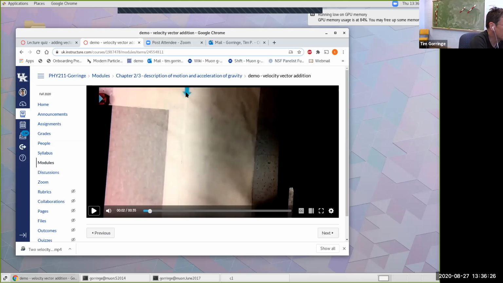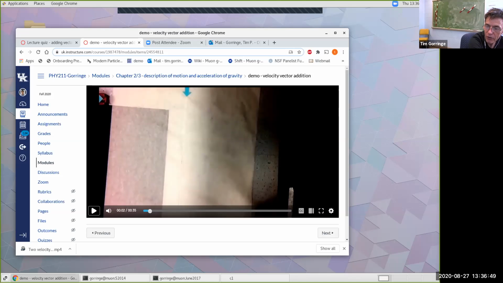In this first case, the truck is going to be moving left to right. See the little blue arrow here? It's going left to right on the paper. The paper is going to be moving from the top to the bottom, so downwards. So this is going to be a case of adding together perpendicular vectors, vectors with 90 degrees between them.